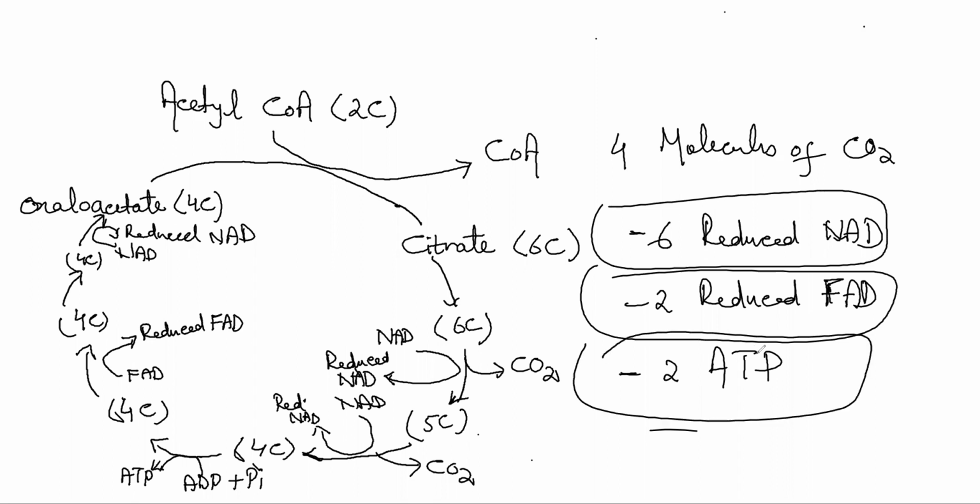Once again, ATP is going to be utilized by the cell, by the body, for energy requirements, and reduced NAD and reduced FAD, both of them, are passed to the next stage of respiration, which is oxidative phosphorylation. So you can see what molecules are going to participate in the process of oxidative phosphorylation.